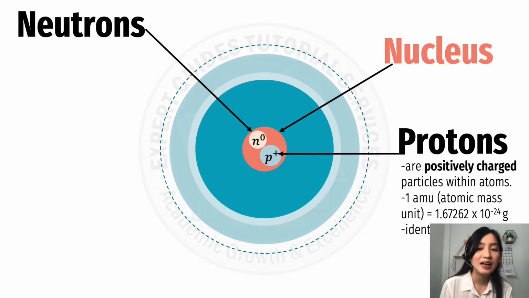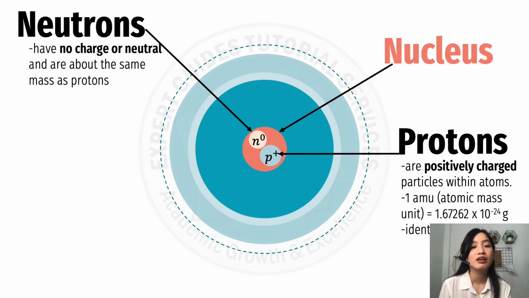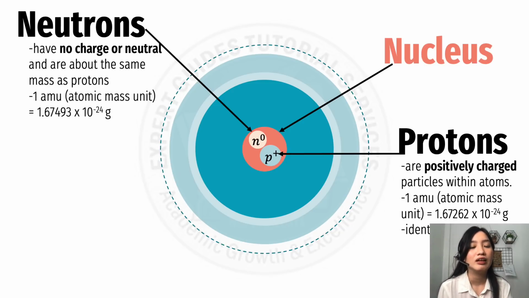Now, neutrons, unlike protons and electrons, have no charge or are neutral and are about the same mass somehow with the protons. Well, it's technically somehow heavier than protons. But they are still given the same 1 AMU or 1 atomic mass unit, equivalent to 1.6749 times 10 raised to negative 24 grams.